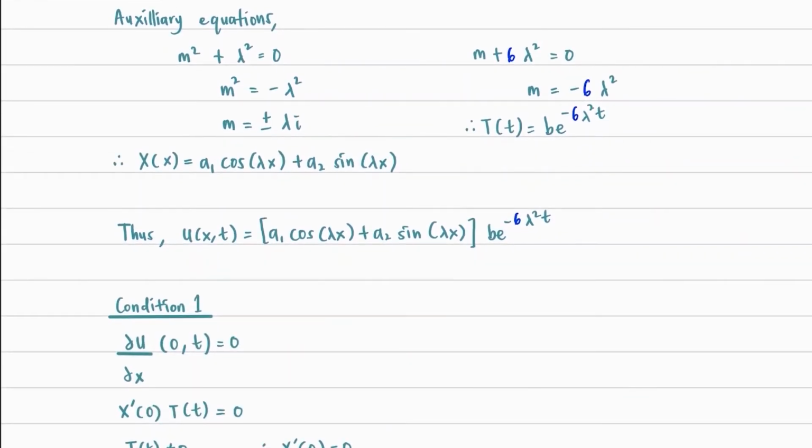And hence we get U(x,t) equal to (a1 cos lambda x plus a2 sin lambda x) multiplied by b exponent negative 6 lambda squared t. Make sure you write X(x) in brackets because U(x,t) is a function of X(x) times T(t).